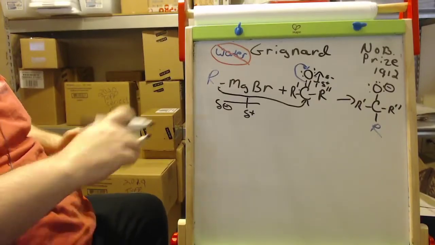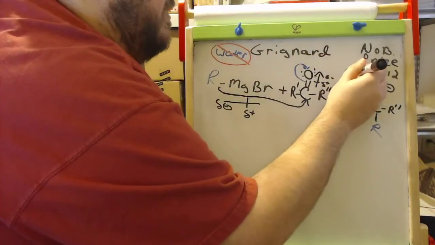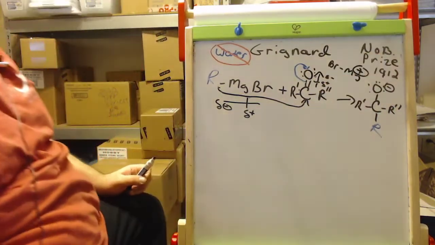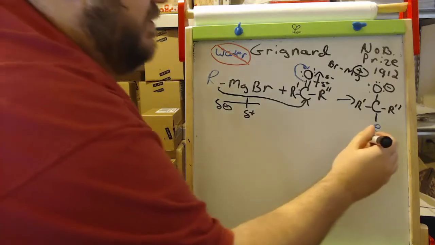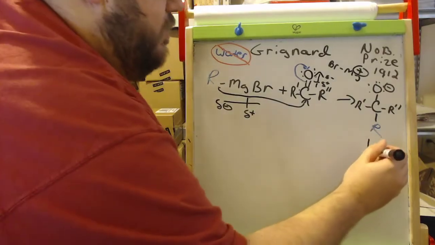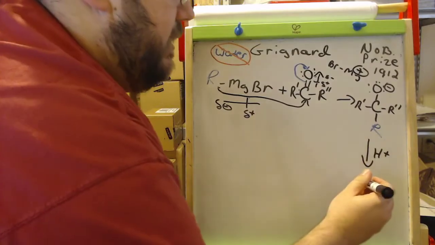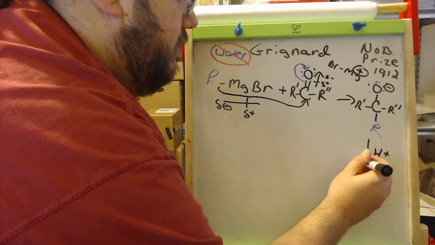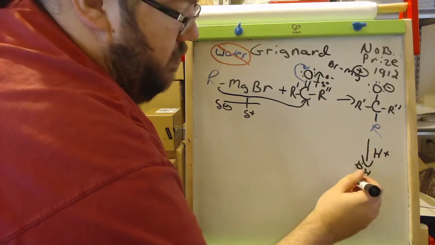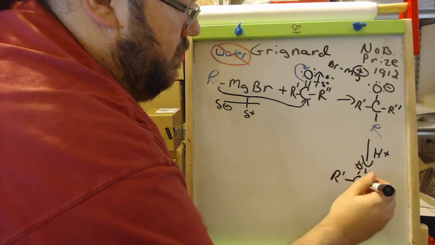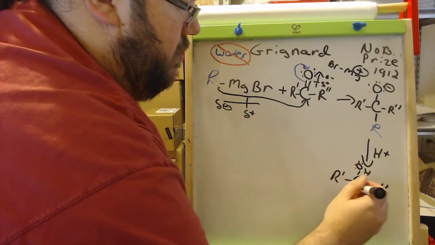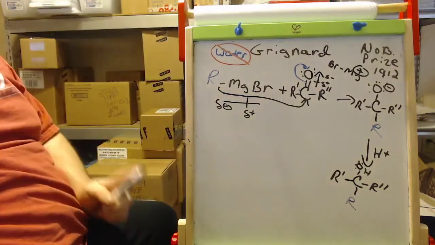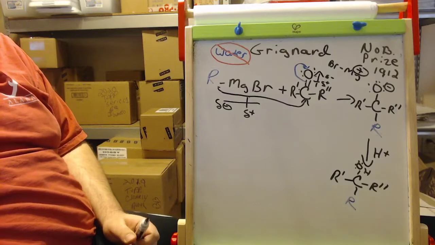Now the magnesium bromide, again, we're not really worried about it, but it is sitting up here, hanging out, positively charged near that. We take it another step, treat it with an acid, and we end up with our alcohol, and we actually end up with a tertiary alcohol in the process.